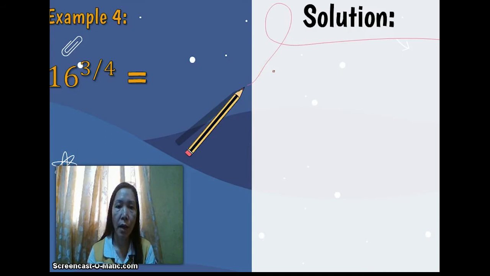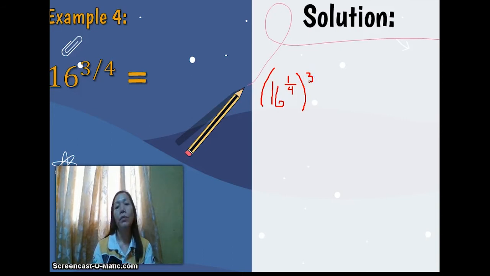We have 16 raised to, since the denominator is 4, 1/4. And then we're going to raise this to the power of 3, since 1/4 times 3 is the same as 3/4.